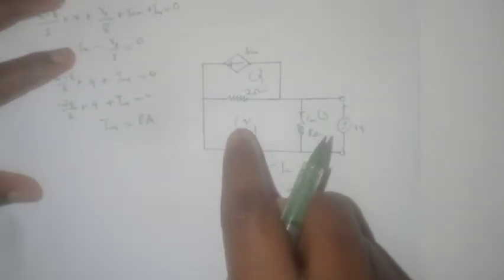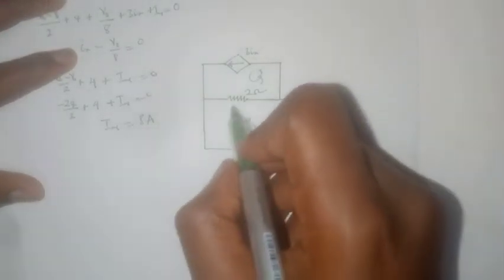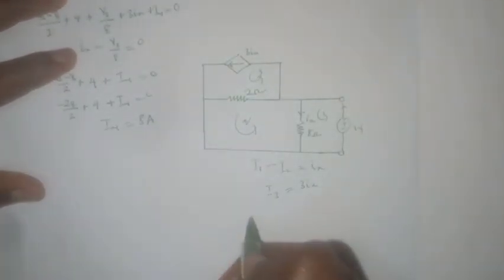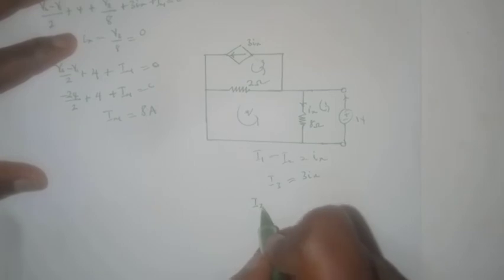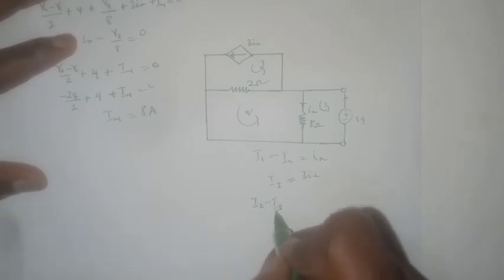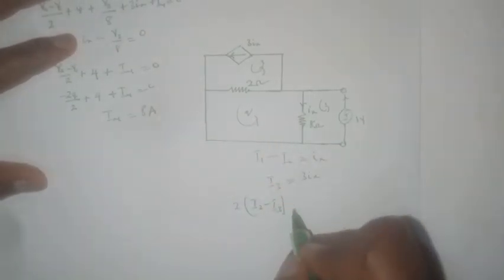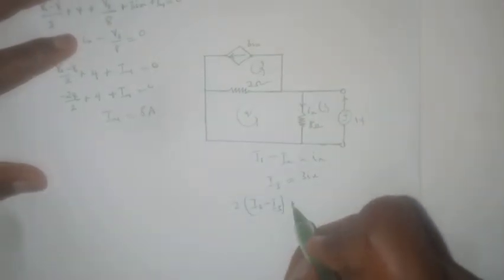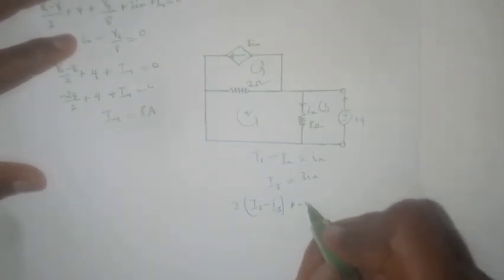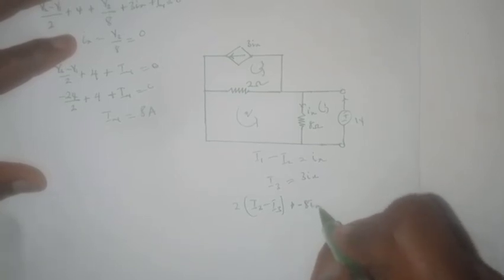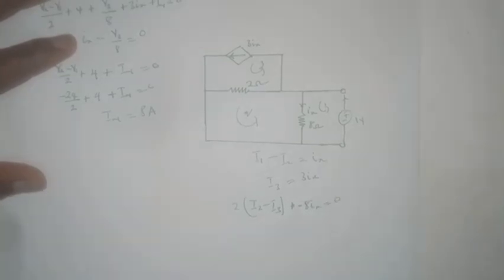We can say that (I2 minus I3) multiplied by 2, plus, that will be minus Ix because it's opposing the direction of the current flow, minus 8Ix equals 0.